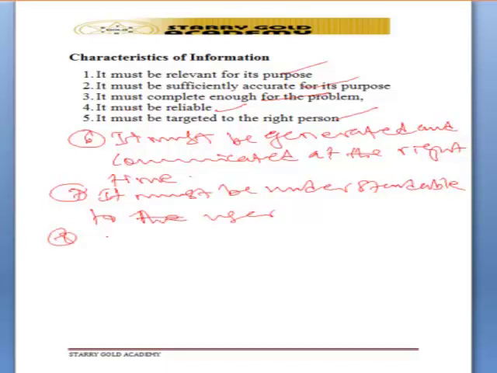Then number 8, it must be cost effective. That is, the money we are going to spend on the information generation must not outweigh its benefit. So if that is done, it means it's cost effective.